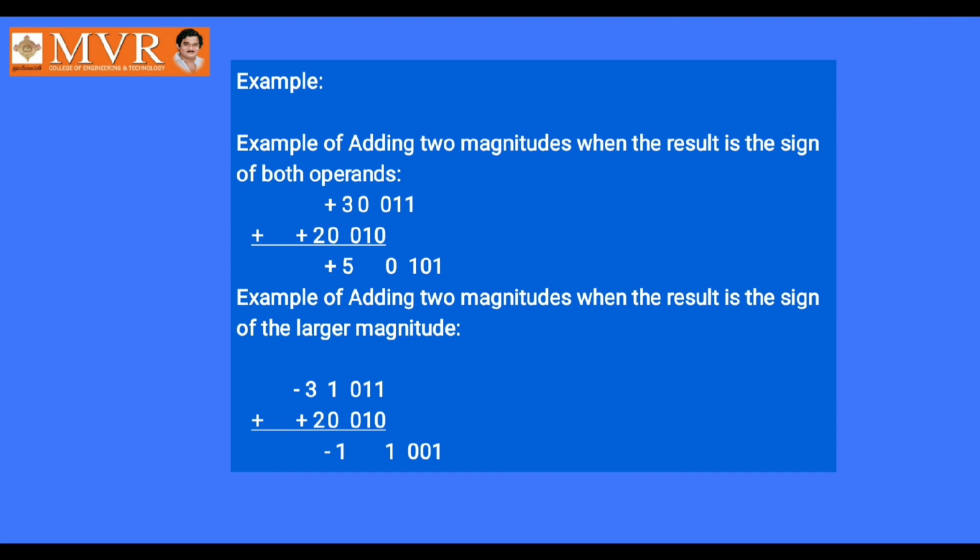A positive 2 means again the most significant bit will be 0 and the magnitude is 0, 1, 0. The result of this is plus 5, because the two magnitudes have the same sign, which is a positive sign, so the result will be 0, 1, 0, 1. So sign bits also get added automatically: 0 plus 0 sign bits will be added.